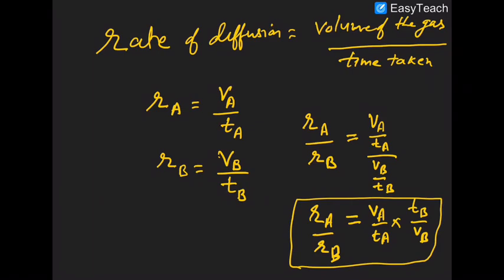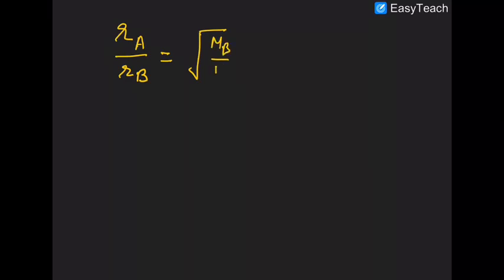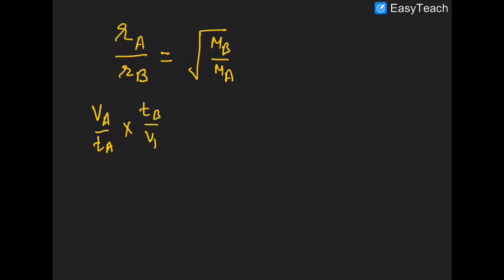So the rate of diffusion of gas A by the rate of diffusion of gas B under the same conditions of temperature and pressure will be the square root of the molar mass of gas B by the molar mass of gas A. So in place of RA you can write VA by TA, and this ratio becomes equal to TB by VB.